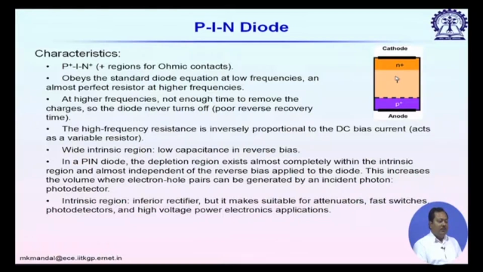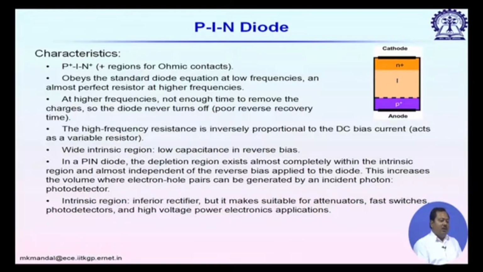So, what happens at lower frequencies, it obeys standard diode equations, but if we keep on increasing the frequency, in that case the diode never turns off, because the reverse recovery time is very high.